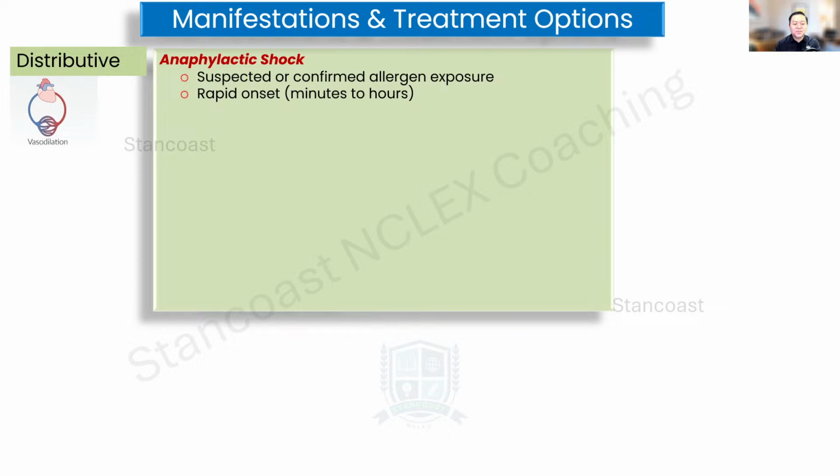So what are those manifestations? Well, I know you are already familiar with this one. The patient will have hives, the skin manifestations, generalized itching. And the patient will have widespread redness in their skin all over the body. There's going to be skin flushing. They will feel the warmth.